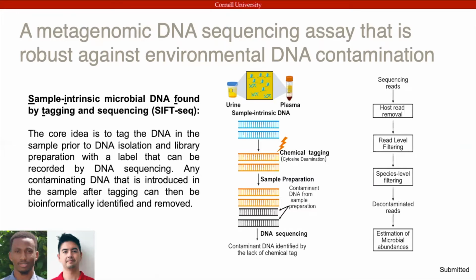How it works is we chemically tag sample intrinsic DNA using any kind of chemical tag that can be recorded via sequencing. After that, any type of manipulation in the sample preparation workflow that introduces contaminant DNA does not have that chemical tag. And we've developed a bioinformatic workflow to accompany this.